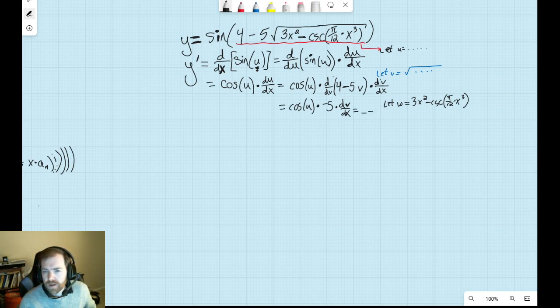So this is going to be negative 5 times cosine of u times d dw of, this was the square root of w, times dw dx.